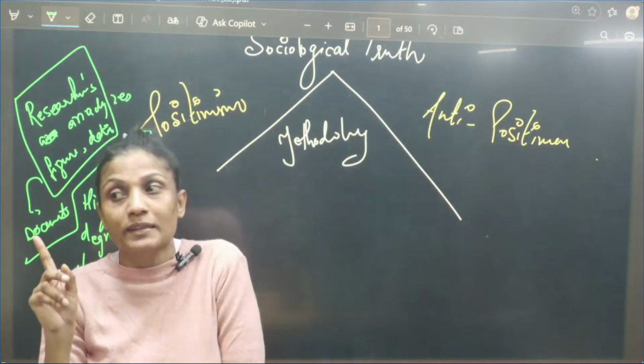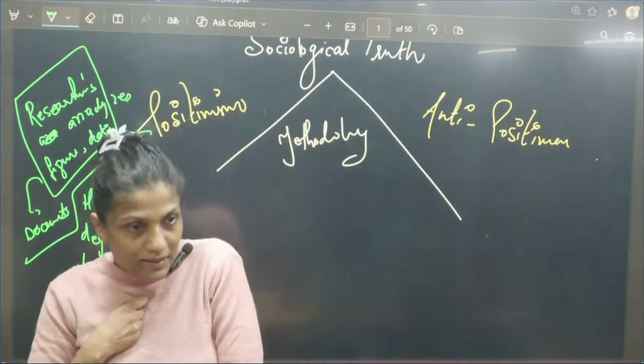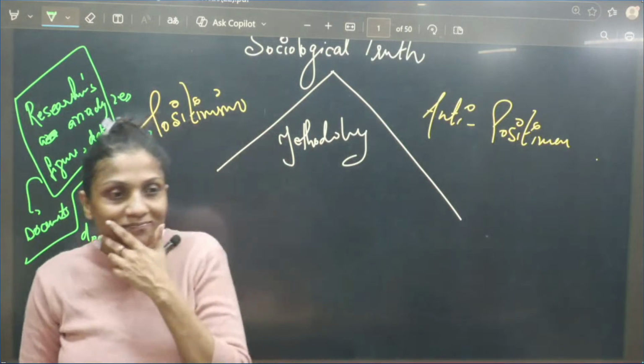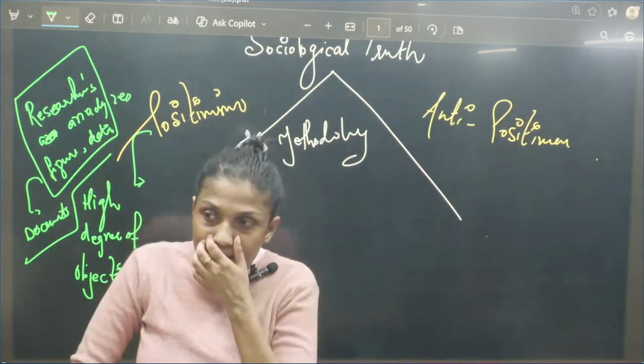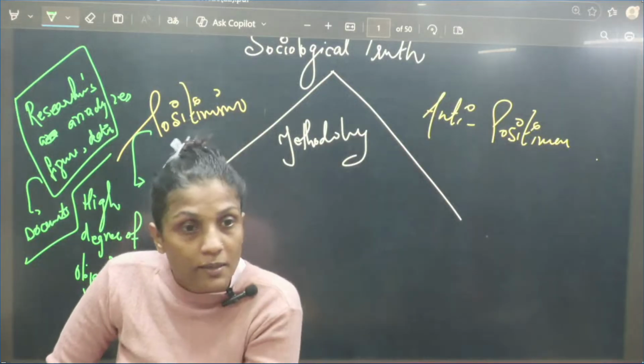This is what Max Weber is saying. I am a researcher, but if somebody would ask me, I would say, are you understanding this? My values can come into my analysis.